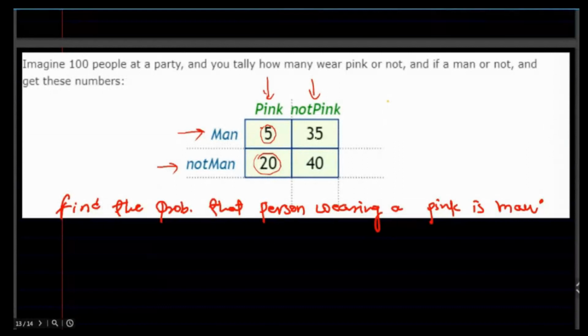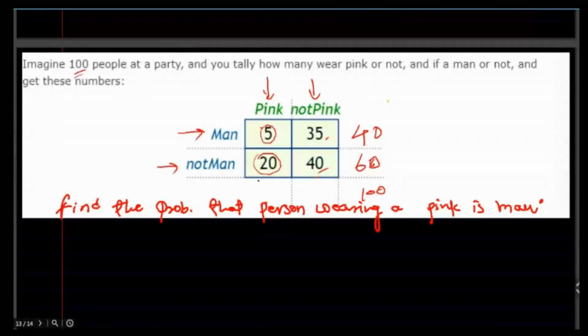A man not wearing pink is 35, and a person who is not a man and not wearing pink is 40. Now we will summarize this. The men, wearing pink and not wearing pink, total 40. Persons who are not men, wearing pink and not wearing pink, total 60. So there are a total of 100 people. This figure matches the data we have been given.